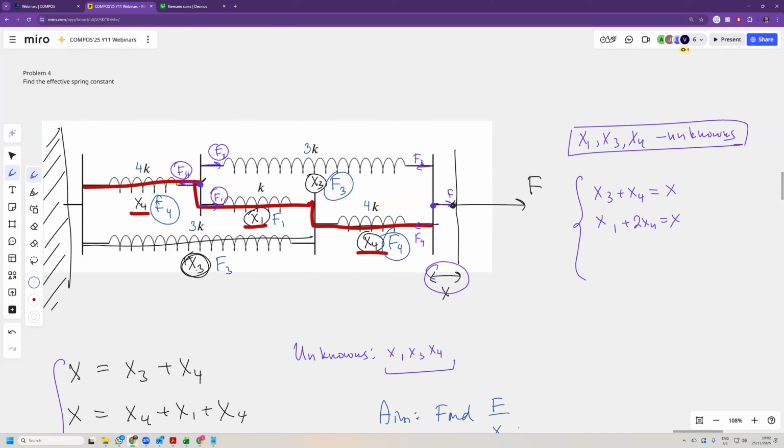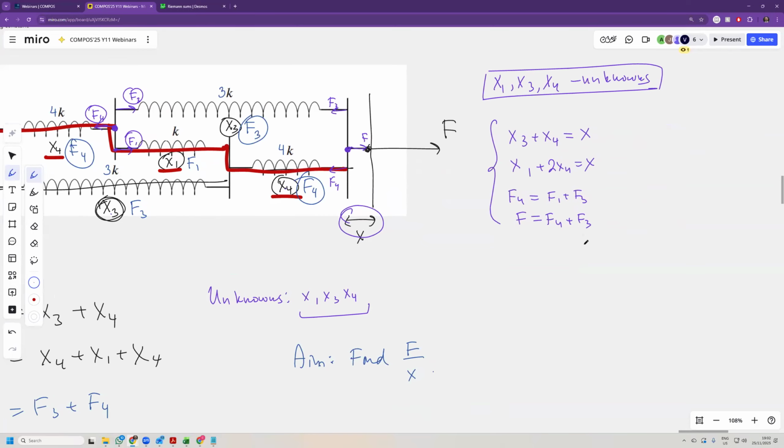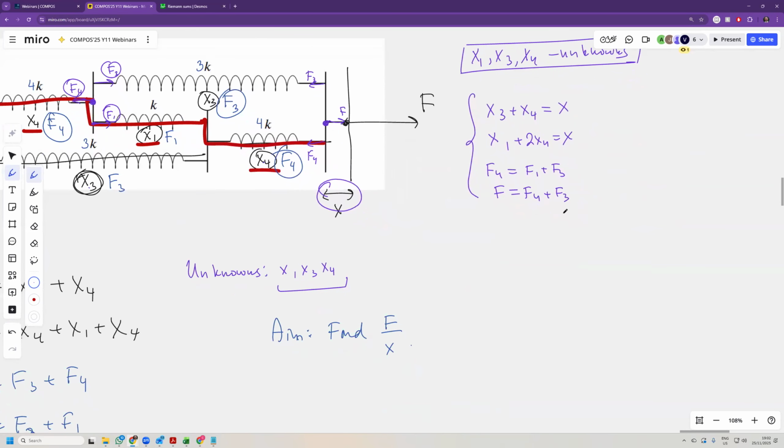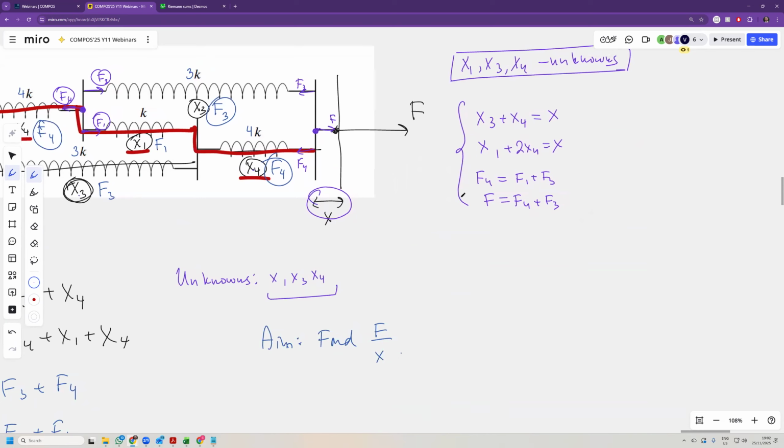And then the forces. So here F4 must equal F1 plus F3. And F must equal F4 plus F3. And we also know that F1 is kx1.